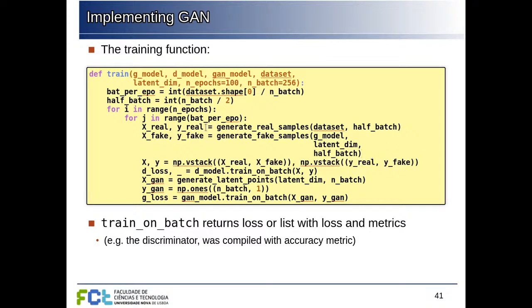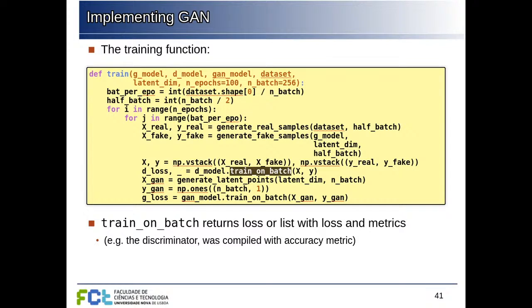The fake images will have a target output of 0. The real images will have a target output of 1 on the discriminator. So now we train the discriminator on this batch. This can be done using this method on the model. So far, we've been running the fit method that just does a number of epochs and lots of batches and so on and takes care of everything.